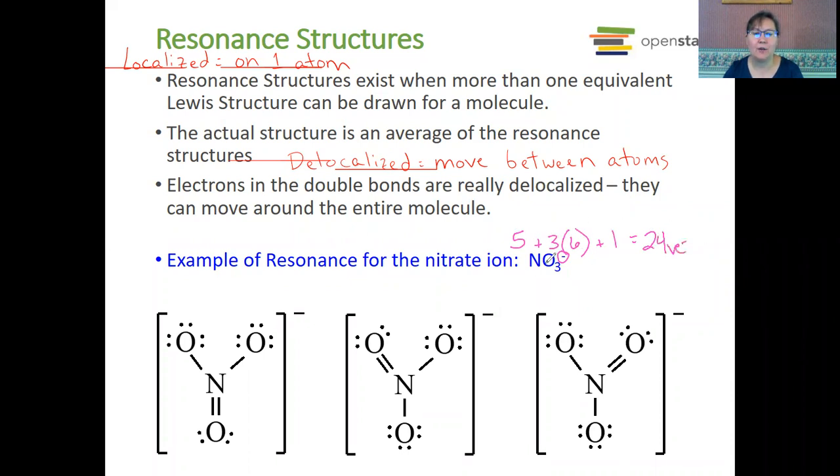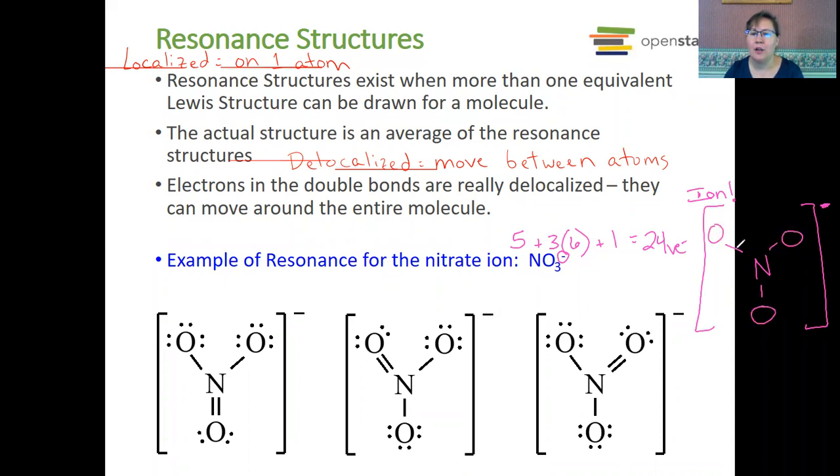And it's NO3. So let's take a look at what this looks like while we're drawing it. We have nitrogen, and you have to put the whole thing in brackets with a 1 minus up here, because that means it's an ion. You have to do this whenever you have an ion. Now let's put our lines in for our oxygens.